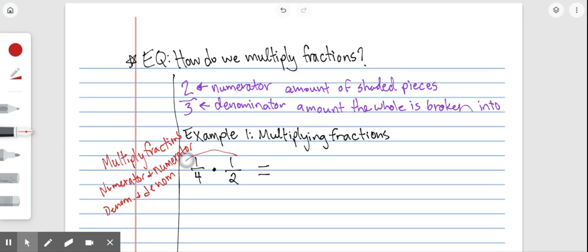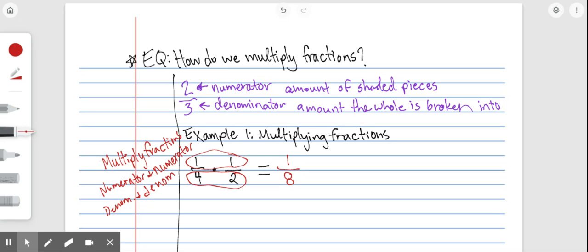I'm going to start with the top, 1 times 1, and that becomes our new numerator of the product. And then in the denominator, 4 times 2, and that becomes our new denominator, so 1/8. So if I were to ask you, what is a quarter of a half, it would be 1/8.